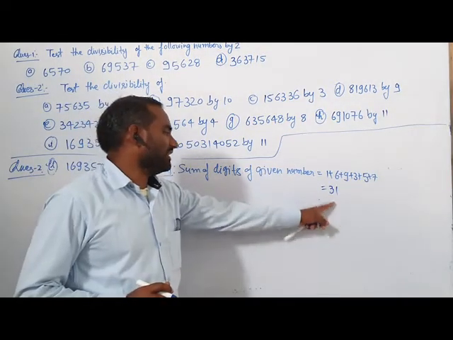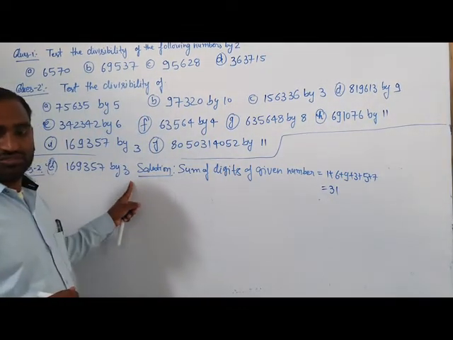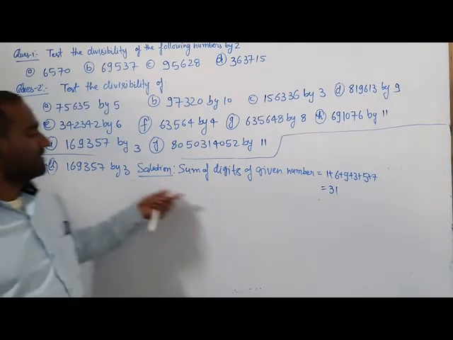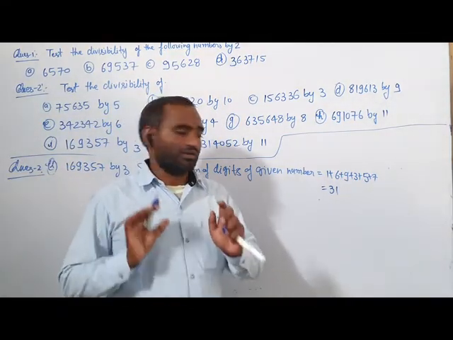And 31 is not divisible by 3, because if you divide 31 by 3, we get remainder 1.